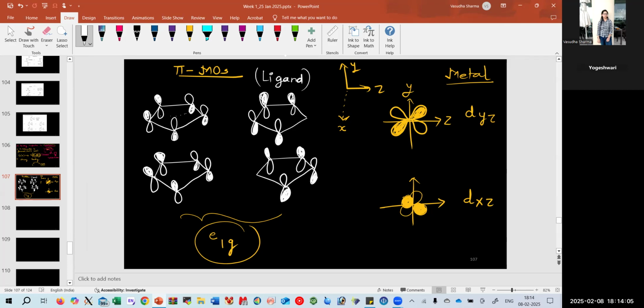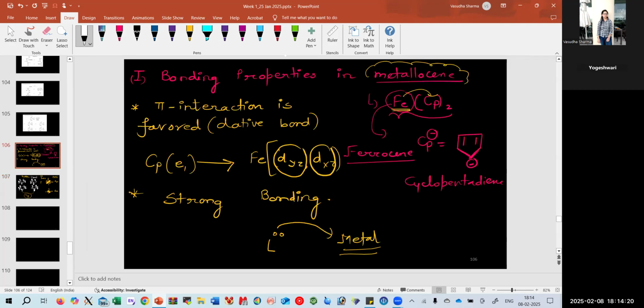That is too much of the group theory, which we are not going to talk about right now. That's another course. So that was one molecular orbital that can bind with your dyz and dxz, which we earlier mentioned: E1 groups give the electrons, they make a dative bond, which is a very, very strong bond to dyz or dxz of the iron.